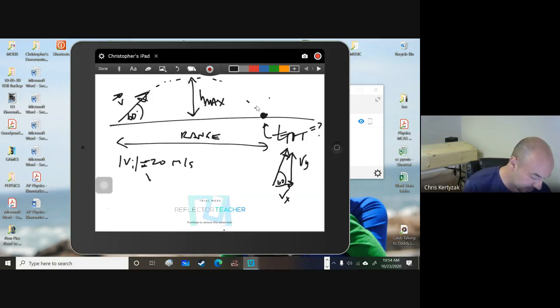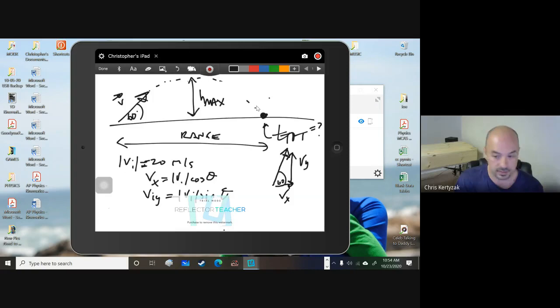In general, remember Vx is magnitude of V initial cos theta, and the initial y component velocity is magnitude of V initial sine theta. I'm not going to go through the whole sine cosine definitions. If you have a question, you can always ask me at a different time, but not in class. But this is the way we calculate the components.